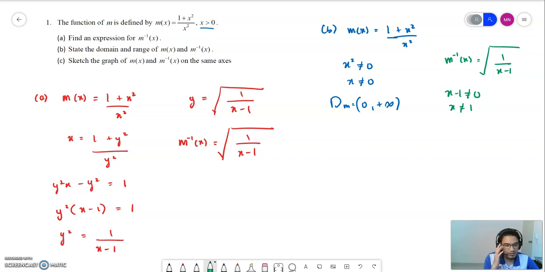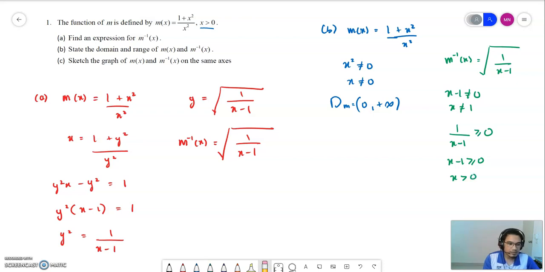Then we know this fraction is inside a square root, and anything inside a square root must always be bigger than or equal to 0.